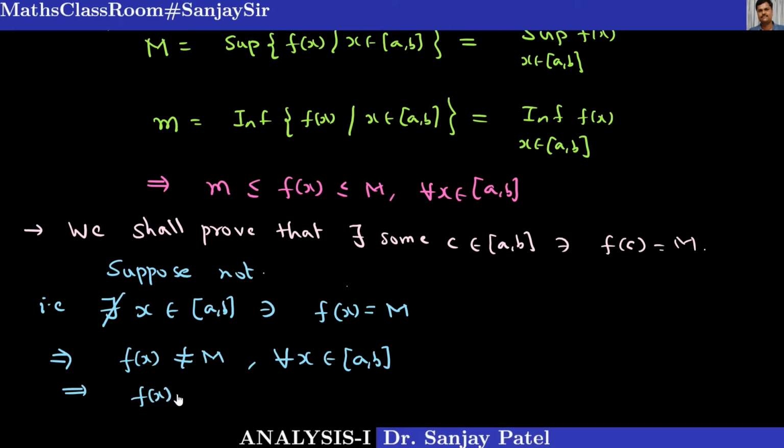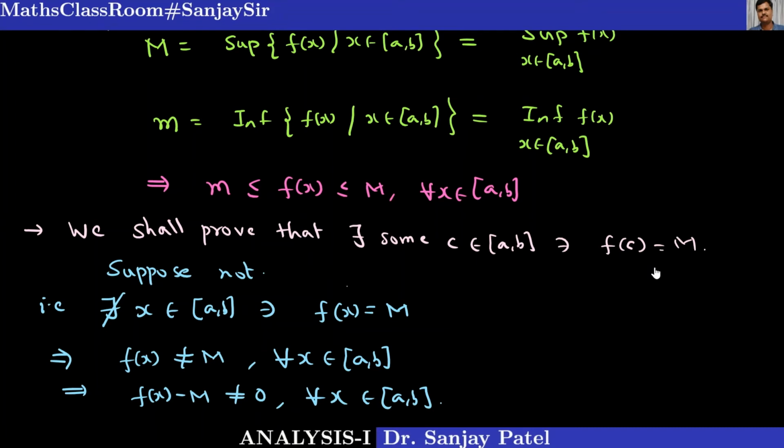In other words, we can say that this implies f of x minus M is not equal to 0 for every x belongs to closed interval a comma b. So using this condition, I will be getting some contradiction.